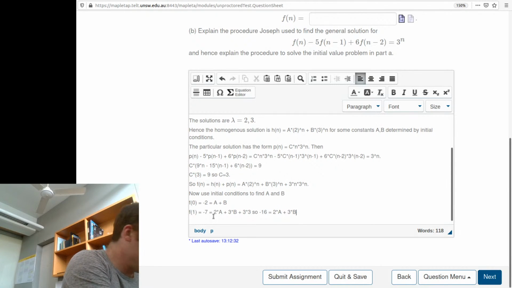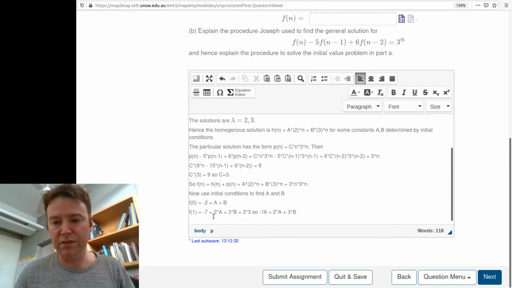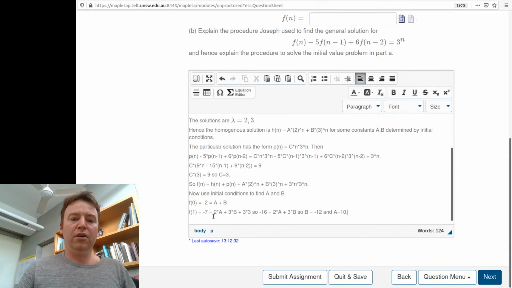So minus 16 is twice (minus 2 minus b) plus 3b, so that's minus 16 is minus 4 minus 2b plus 3b, which means they cancel, just leaving b, and 4 to both sides. B is minus 12. And that means a equals 10. Whew.